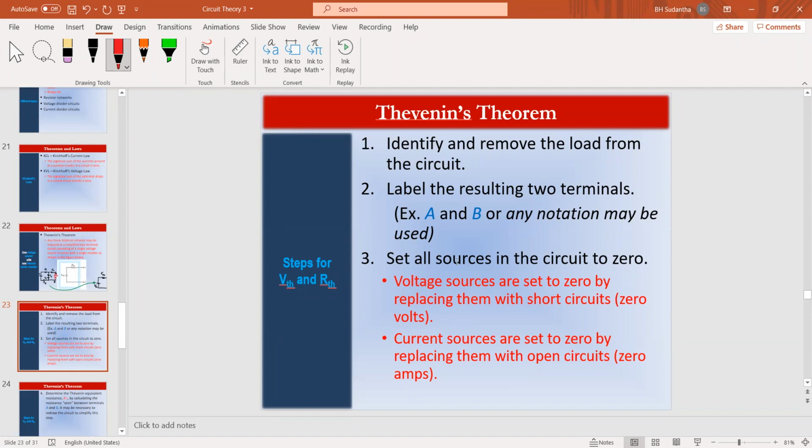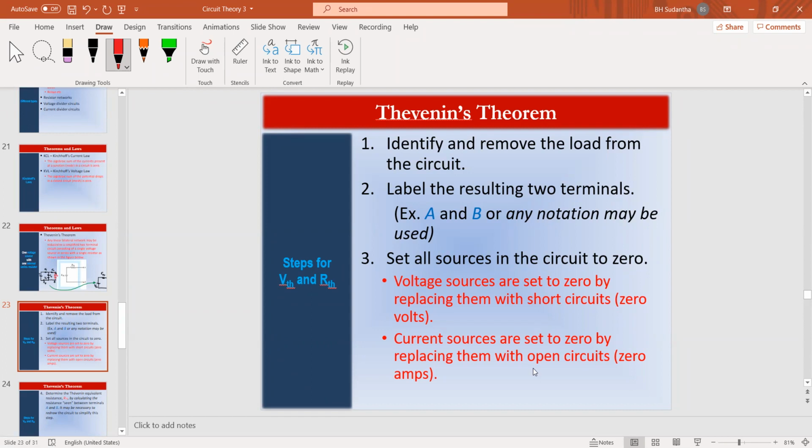In the third bullet point, it says that set all sources in the circuit to 0. Voltage sources we can set to 0 by short circuiting them. But if you have a current source, we can set the effect to 0 by opening the circuit.